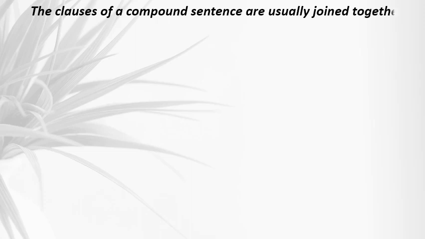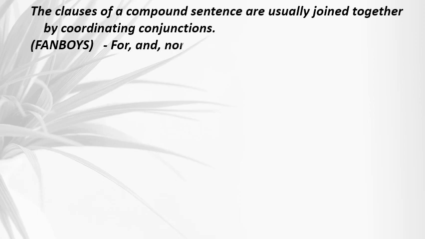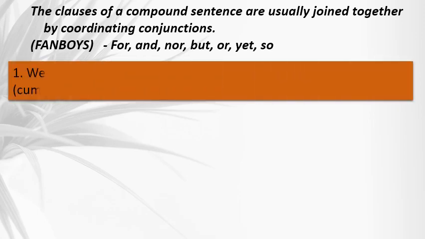The clauses of a compound sentence are usually joined together by coordinating conjunctions. The easiest way to recognize coordinating conjunctions in short form is FANBOYS, that is for, and, nor, but, or, yet, so. So now let us see a few examples. Number 1.